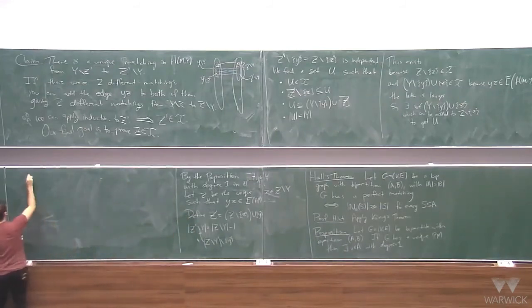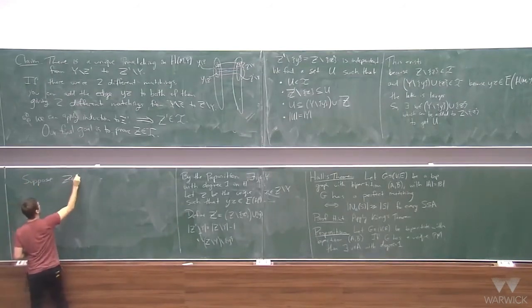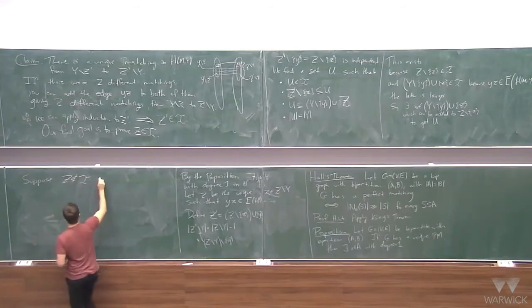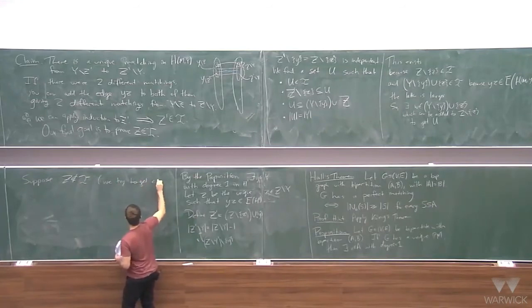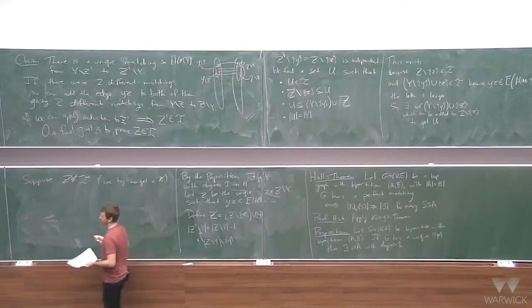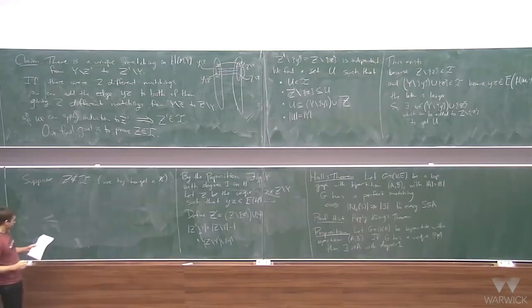So suppose that Z is not independent, and we try to get a contradiction, right? And if we can get a contradiction, we'll be done. Okay, so if Z is not independent, then we know that little z cannot be in U. Why?